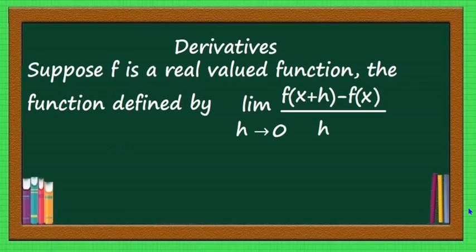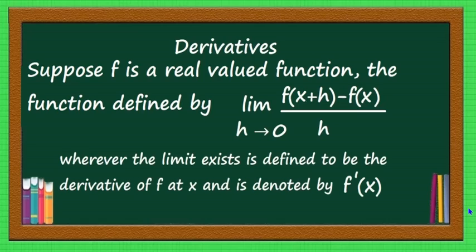Now suppose f is a real valued function, the function defined by limit h tends to 0, f of x plus h minus f of x divided by h, whenever the limit exists, is defined to be the derivative of f at x, and it is denoted by f dash of x.